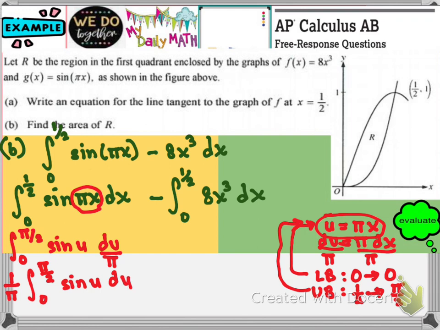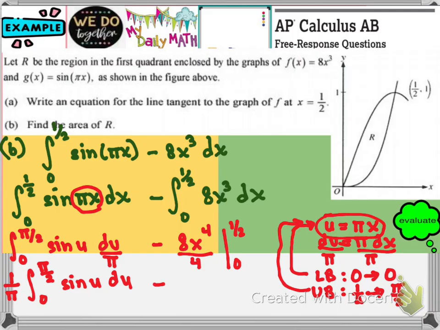Okay, I'm going to continue this in the next page, but let me do the second integral here. 8x cubed is a polynomial, so you're just going to use the power rule here. Integrating that's 8x to the 4 over 4 from 0 to 1/2. I am using still 0 to 1/2 because I did not use u substitution in 8x cubed. And then I can substitute that in the next slide.